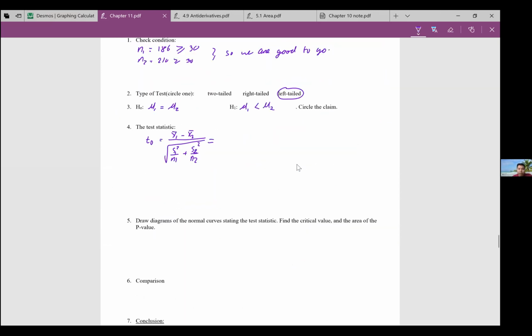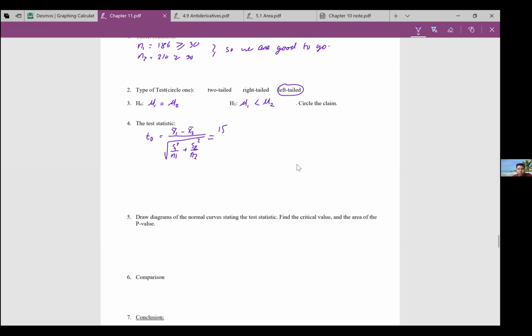All right, so x bar, I have 15,668.5 minus 16,215, divided by the square root of 8632.5 squared divided by 186 plus 7301.2 squared divided by 210. Just use the calculator and see what we have.